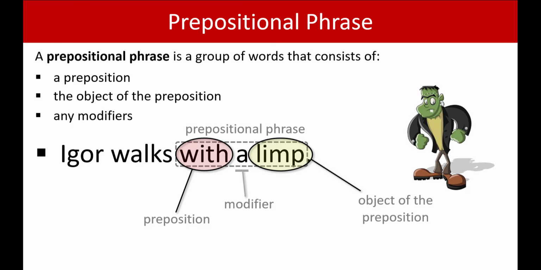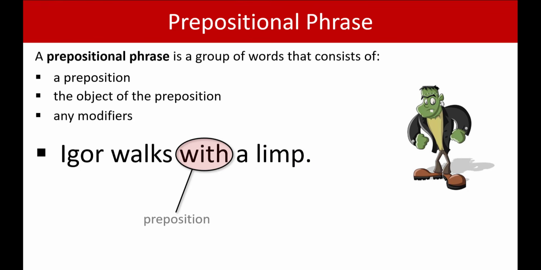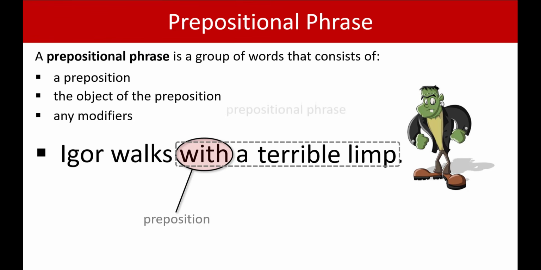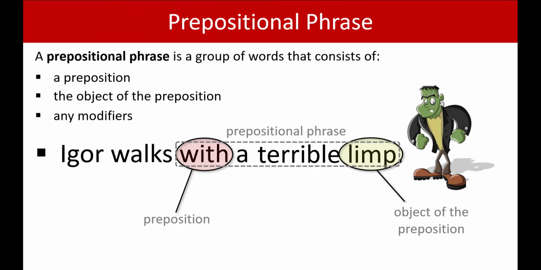It modifies the word limp. Let's add another modifier. Igor walks with a terrible limp. Well, this is now the prepositional phrase. This is still the object of the preposition, but now we have two modifiers.